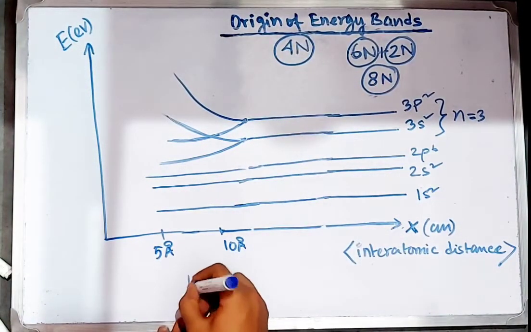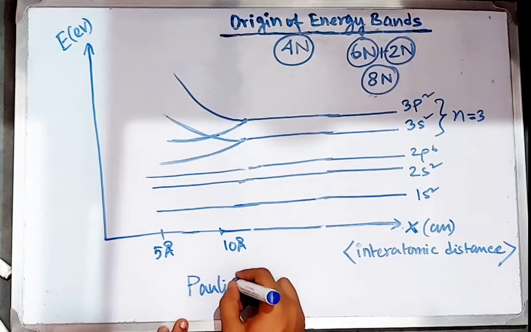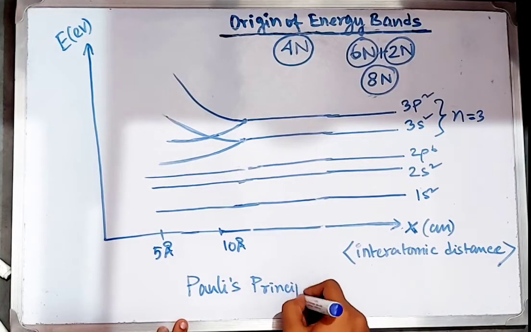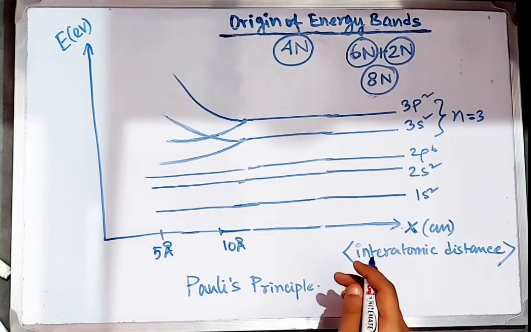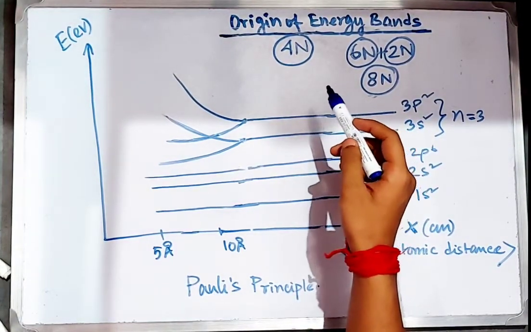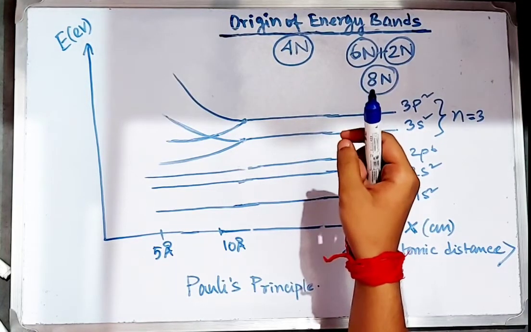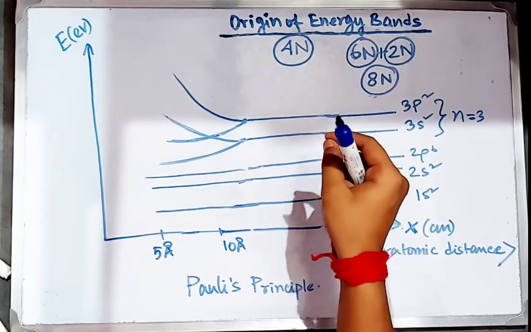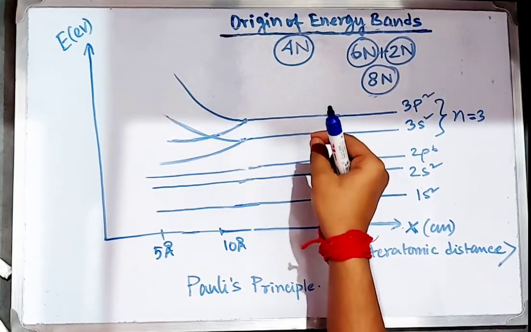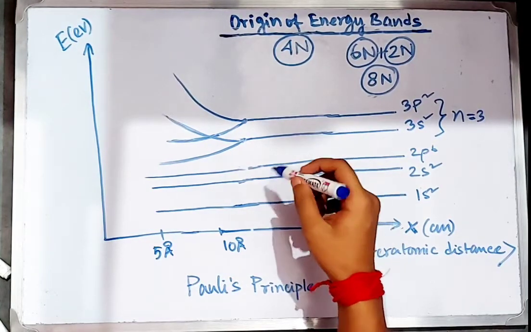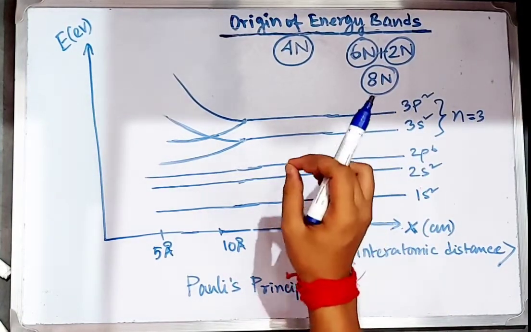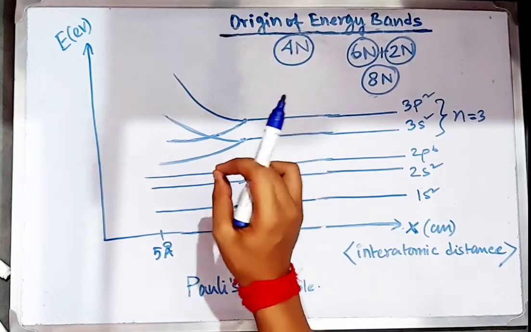So here also we need to remember the Pauli's principle, that electrons will always start filling from the lowest energy states. This is the principle, that the electron will always start filling from the lowest energy states.